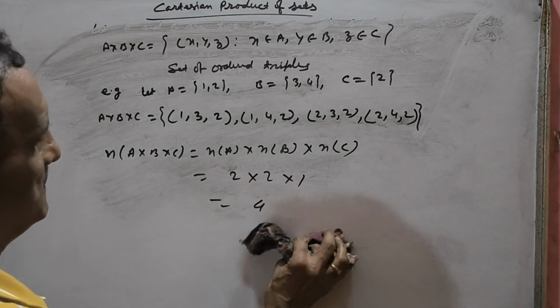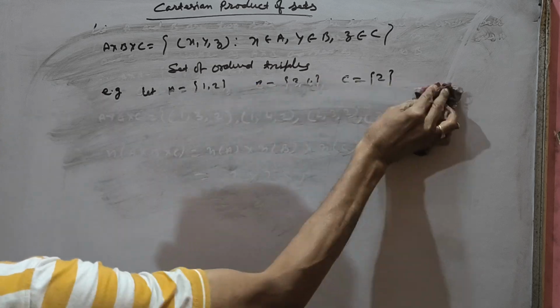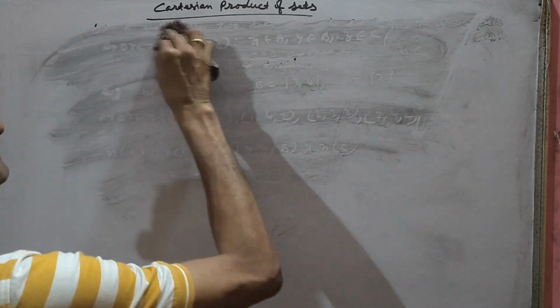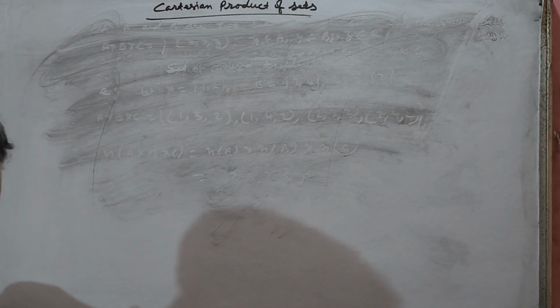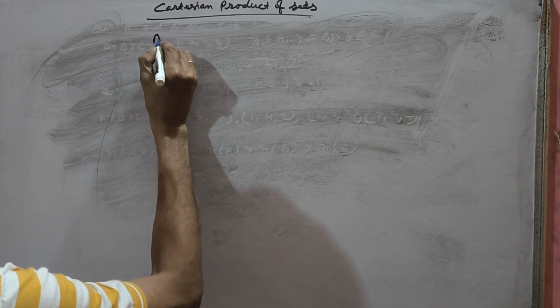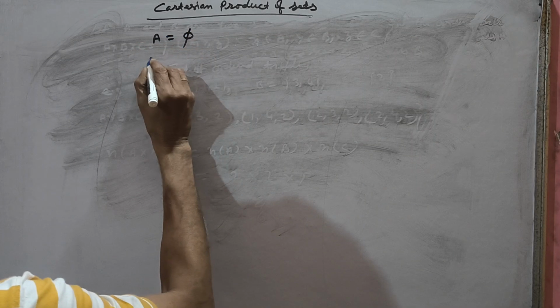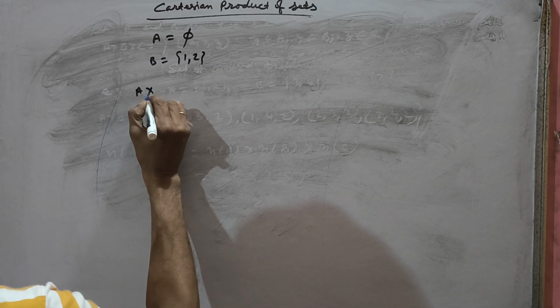Okay, now we have some properties related to the Cartesian product of sets. Important ones. Now before the properties, you know, see here. If A is a null set and B is any set, then what will you get for A cross B?